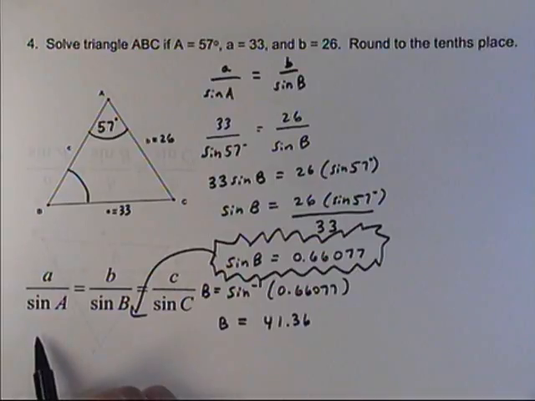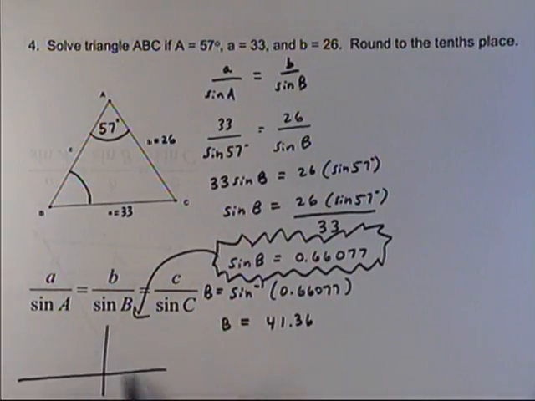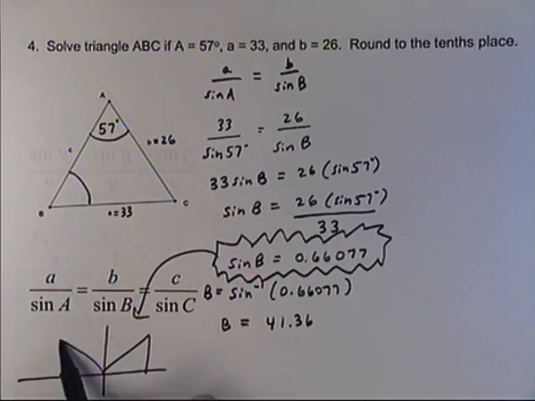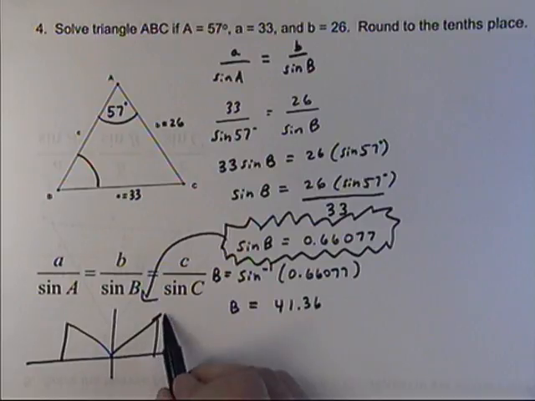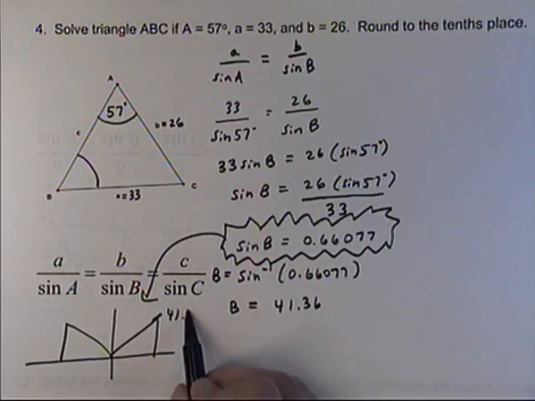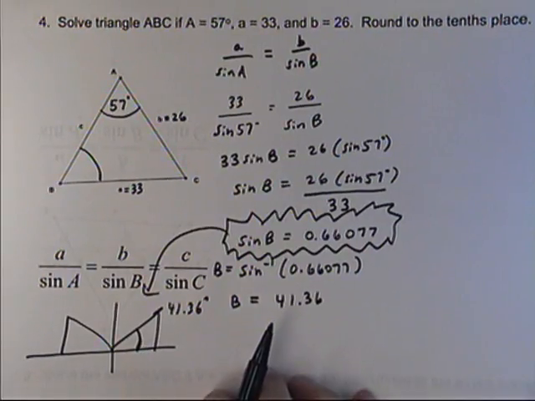So if sine is like y, then that could be positive in quadrants 1 or 2. Okay, so the calculator just gave us the first quadrant angle, 41.36 degrees. That's how far we are away from the x-axis.